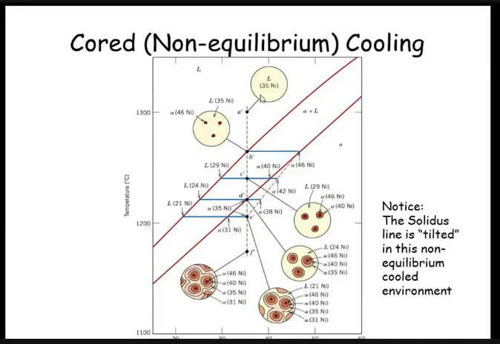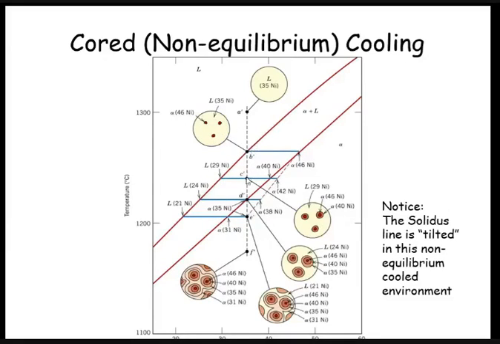Now if you cool it slowly, then exactly at B dash we can find the composition of liquid and the composition of solid by using the tie line. If you draw the tie line exactly here, the composition of solid is 46 weight% nickel, which nucleates in the liquid phase, and the composition of liquid remains 35.